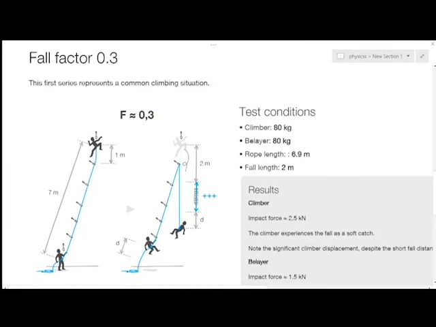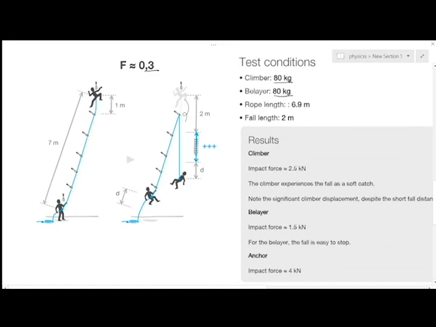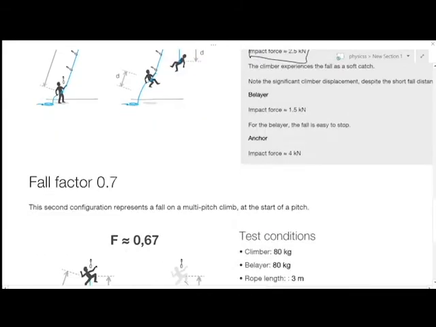So for instance, in a fall that has a fall factor of 0.3 with these weights of the belayer and the climber, the climber is experiencing 2.5 kilonewtons of impact force, while the rest is going into the stretch of the rope, right?